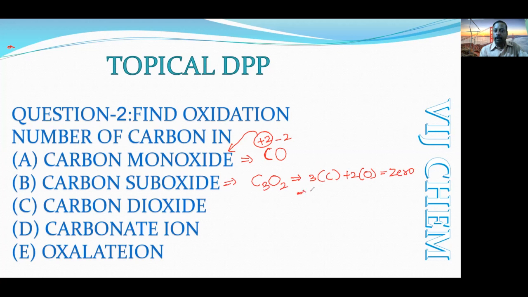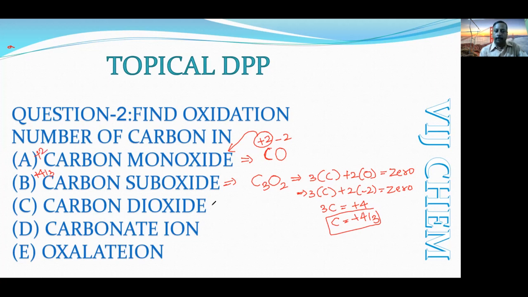So 3 into carbon, which we want to find, plus 2 into oxygen charge, -2, is equal to 0. So 3 carbon is equal to +4. So carbon will be +4 by 3. Here I am getting +4 by 3, and here I am getting +2.